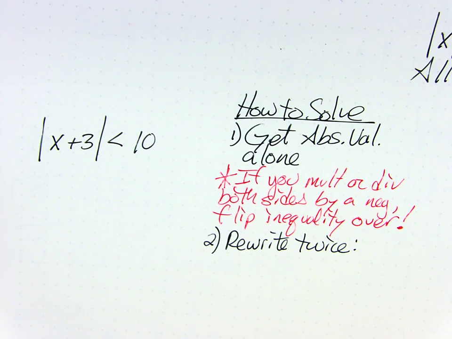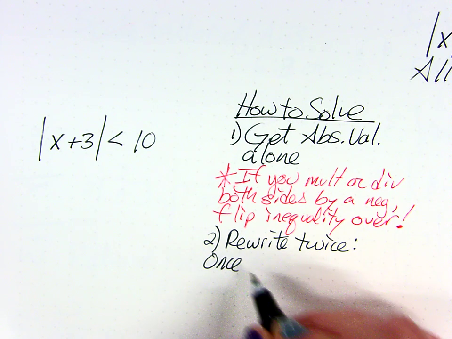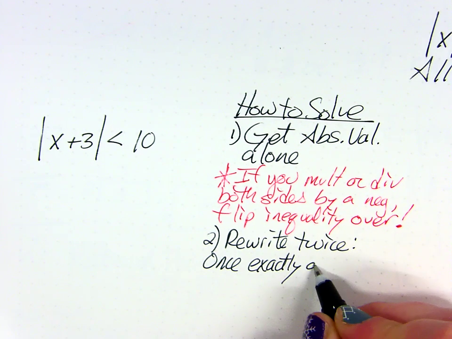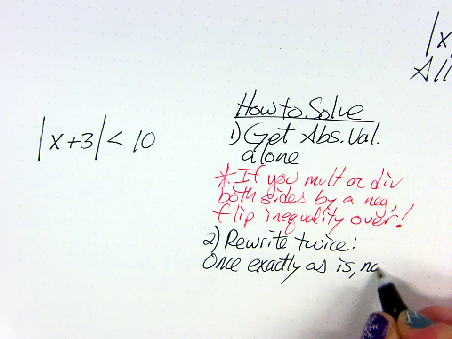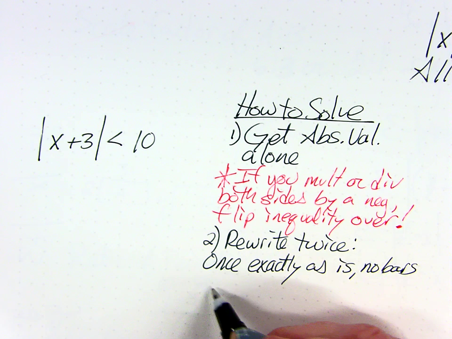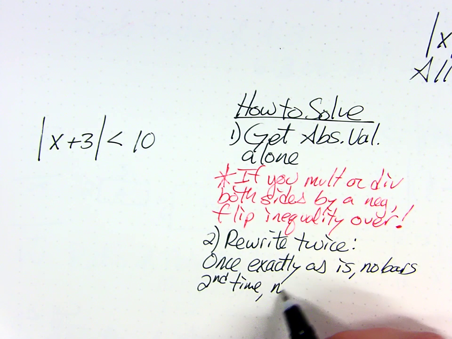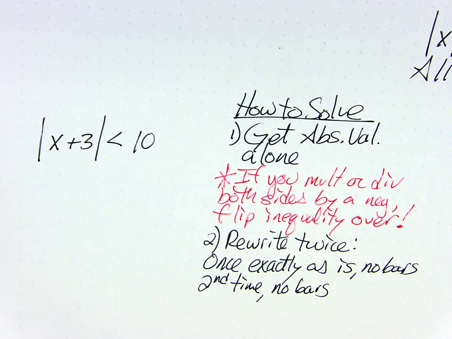You don't know the final answer yet. You might know one piece of an answer. Rewrite twice. Once, again, just exactly as you see it. Exactly as is, no bars. Second time, no bars. And when it's an equation, we just put negative 10 instead, right?